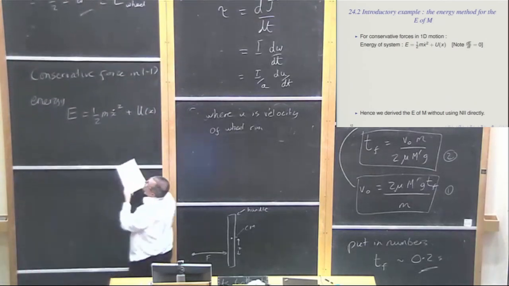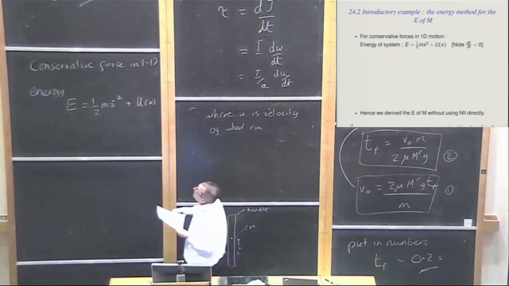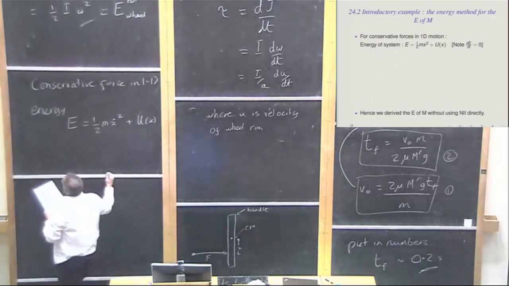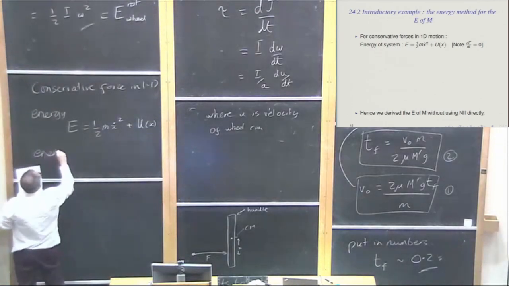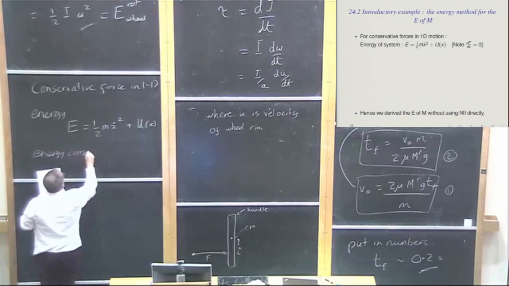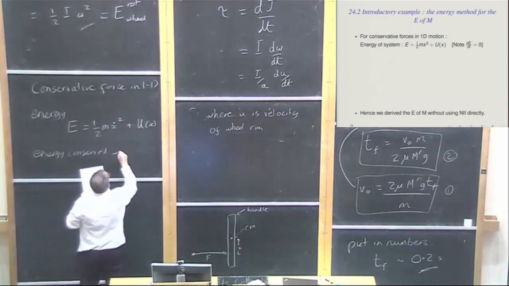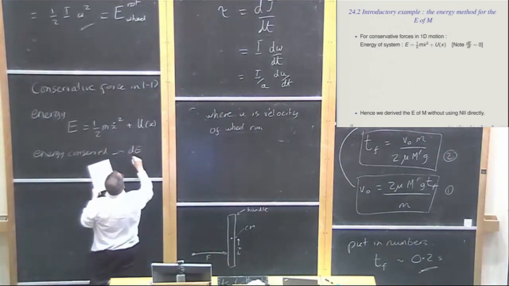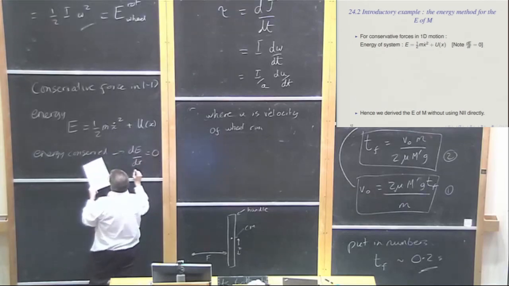So this is the potential. Now the energy is conserved. We will assume that, which means that dE by dt is equal to 0.